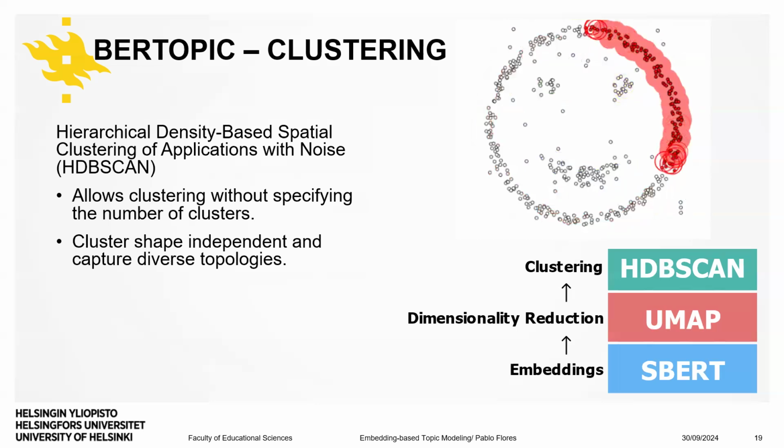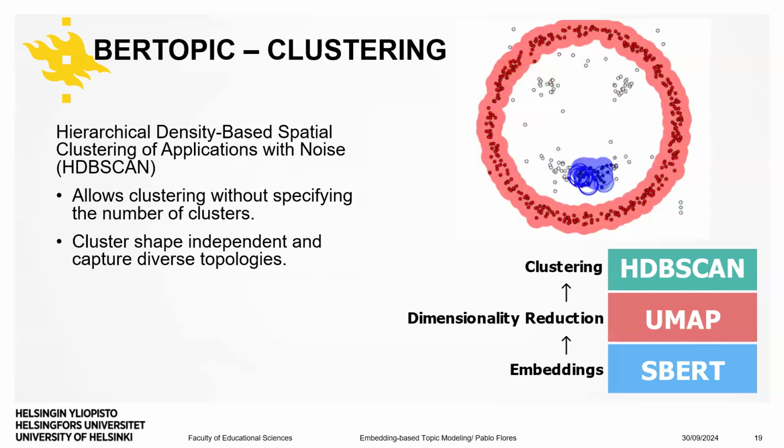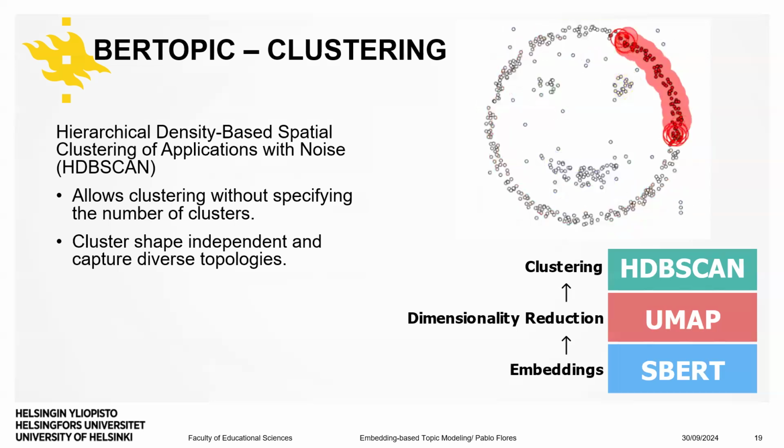This algorithm allows for clustering without specifying the number of clusters, which is very important. There are other clustering methods where you need to define, okay, we're looking for 4, 5, 10, 20 clusters, and you need to input that. Even though there are some ways to automatically explore and find the most optimal solution, people doing topic modeling usually prefer density-based methods, because we don't know the ground truth.